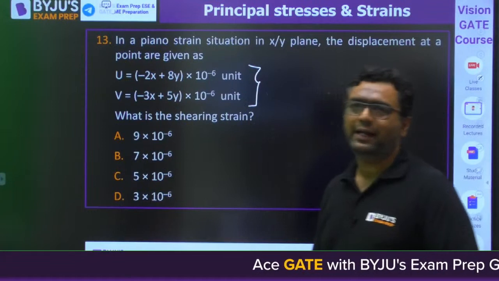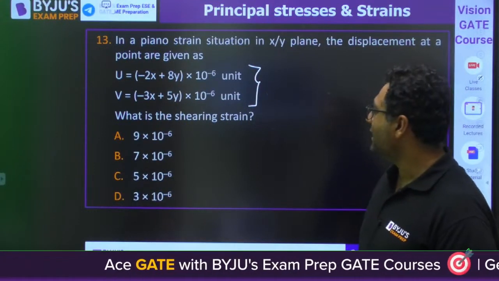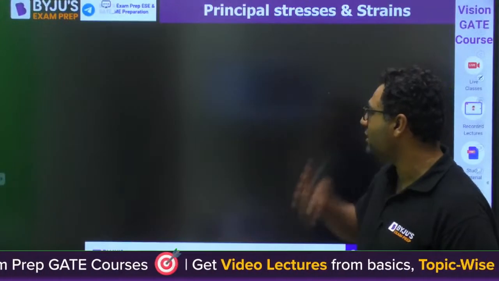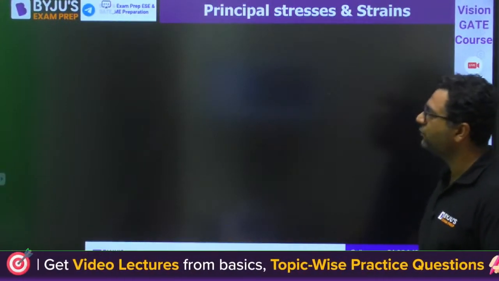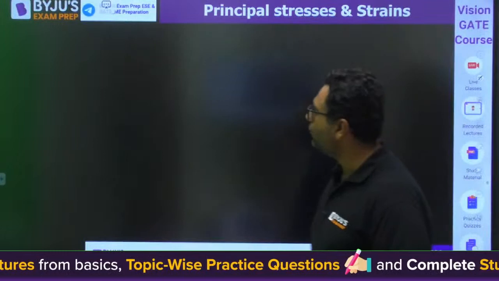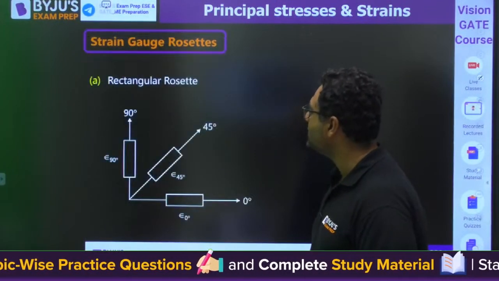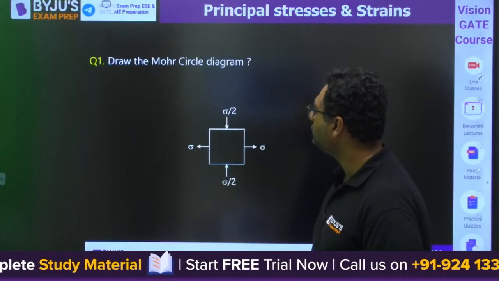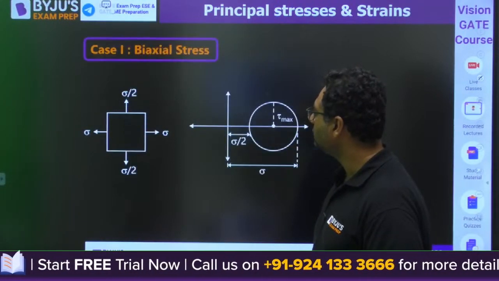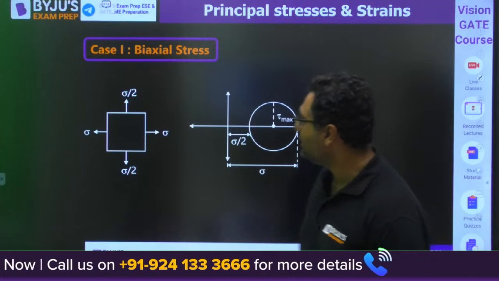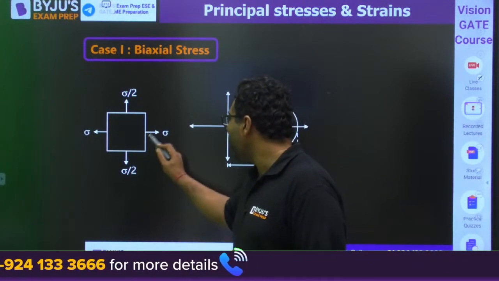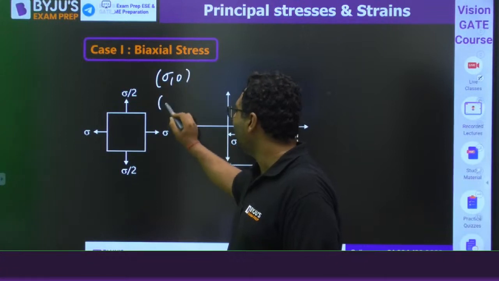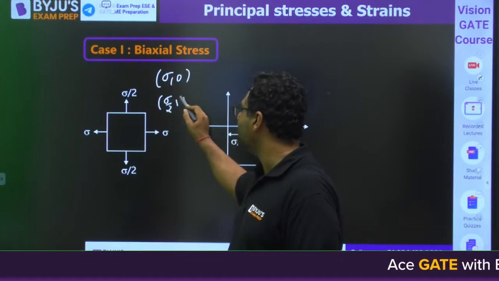Okay, I got that. So guys, now Vineet, you were asking about the Mohr circle of the special cases. It is very easy to plot the Mohr circle of special cases. Like you have this case. On X face, we have sigma comma 0. On Y face, we have sigma by 2 comma 0.